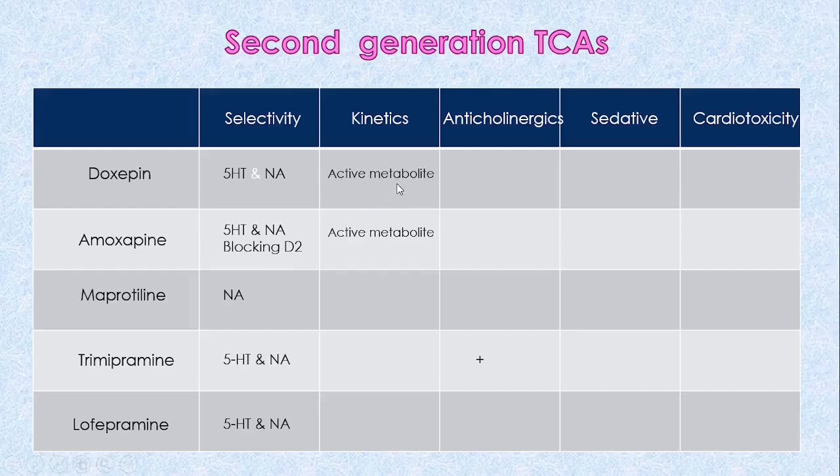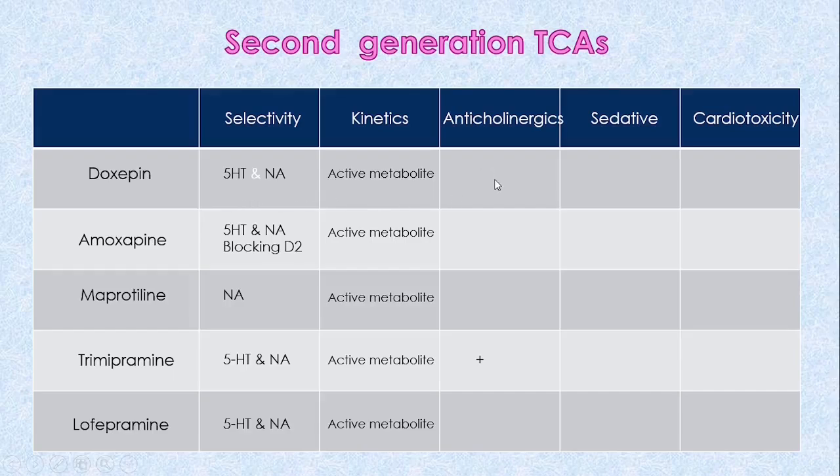Kinetically, all of them are metabolized to active metabolites. That means they will have a long pharmacological duration of action, because they themselves are active, they are also prodrugs, and they are metabolized to active metabolites. The pharmacological duration of action will be extended.